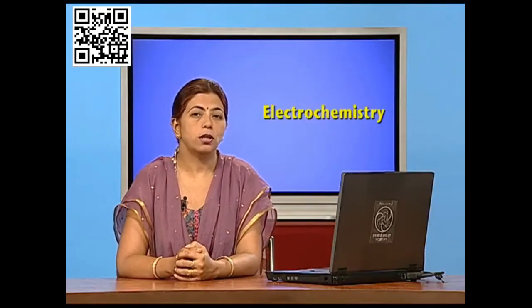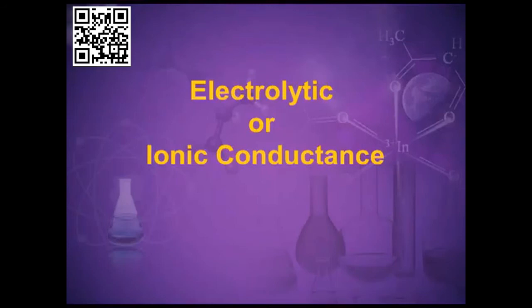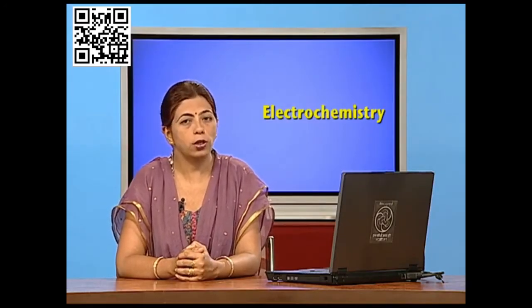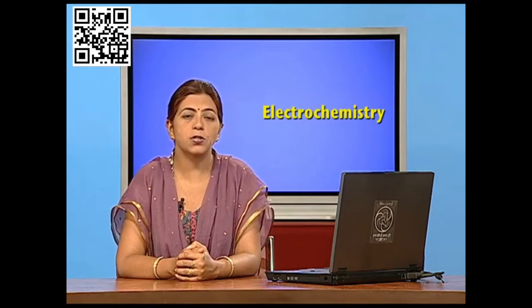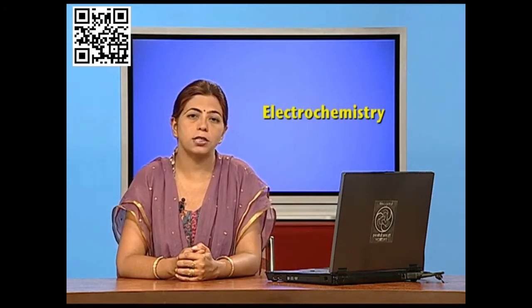In this unit, we have to concentrate on electrolytic or ionic conductance. That means the ionic compounds you have earlier studied in the first unit of class 12th, that is solid state, that there are some substances which are ionic compounds. When they are solid, they do not conduct current.